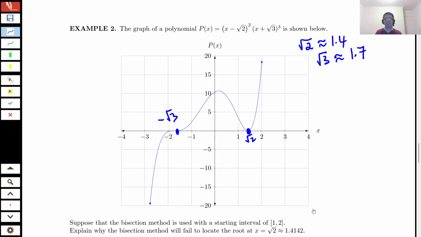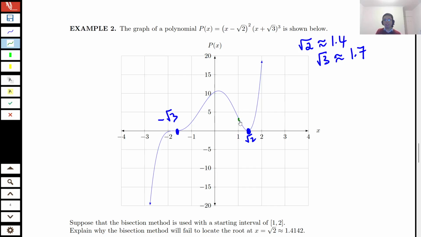In some ways, this is a silly example because I've made up these numbers, but I've made up this example to illustrate a point. And what's the point I'm trying to make? The point is this. If I were to carry out the bisection method over here on the left between, say, these 2 points, that's going to give me good results because the polynomial changes sign on the left near the root at negative root 3.